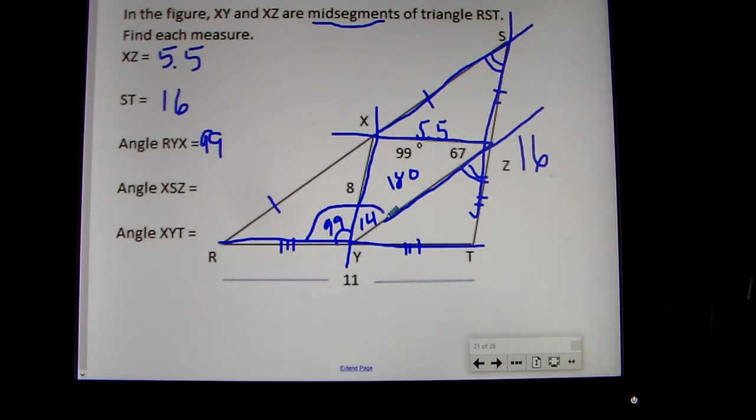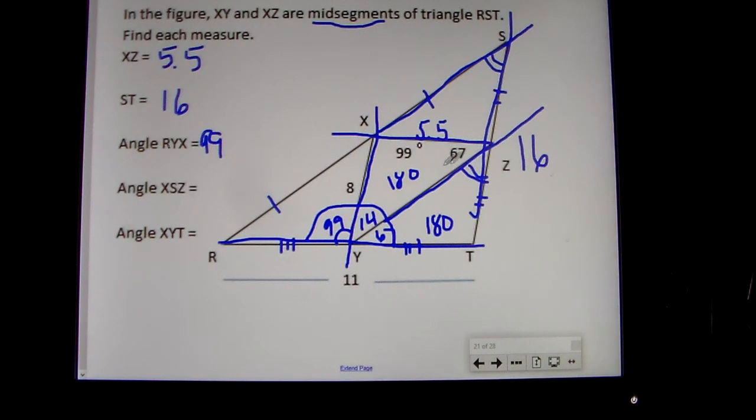You also have to remember how many degrees are on one side of a triangle. Well, that's 180. So 180 minus 99 minus 14, well, that will get you a 67 right here for that piece of the triangle. Then you know in this triangle, a triangle has a total of 180 degrees.